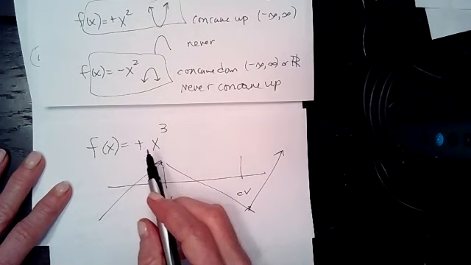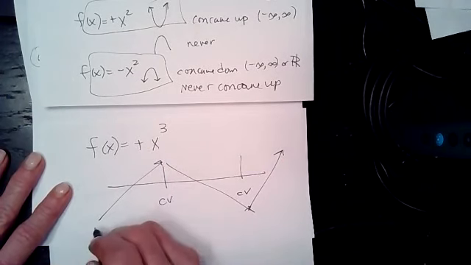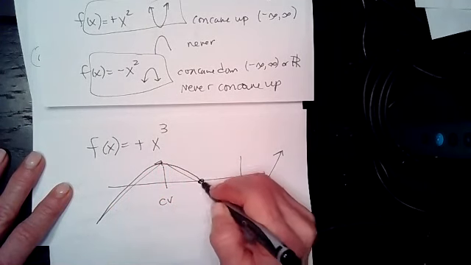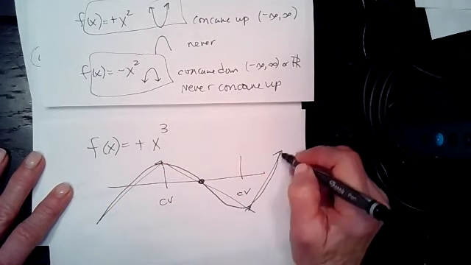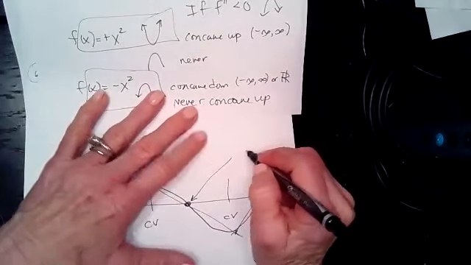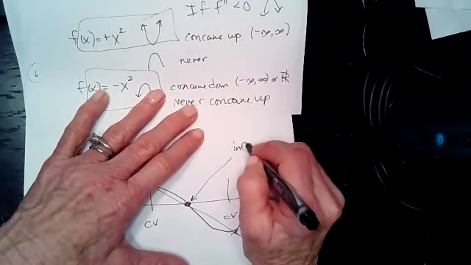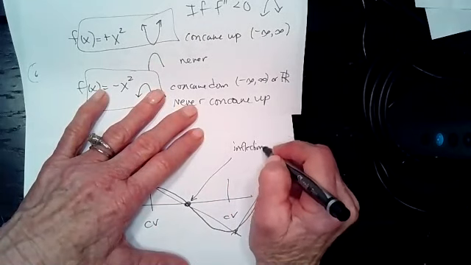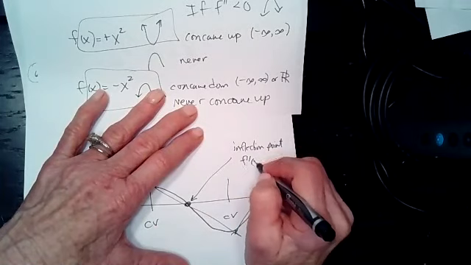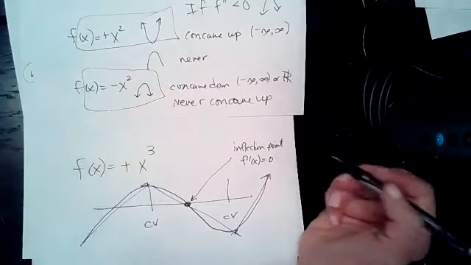Look at it. It's concave down to a certain point, and then it's concave up. And where your concavity changes, that's your inflection point, and it's where the second derivative is equal to 0.